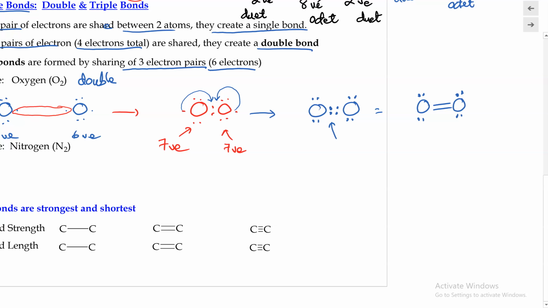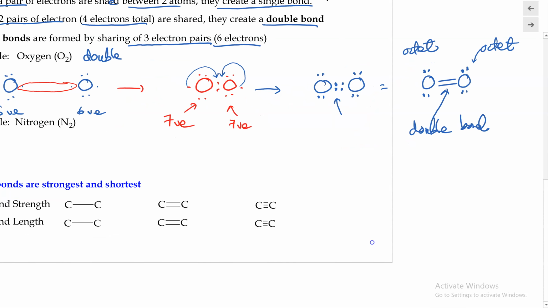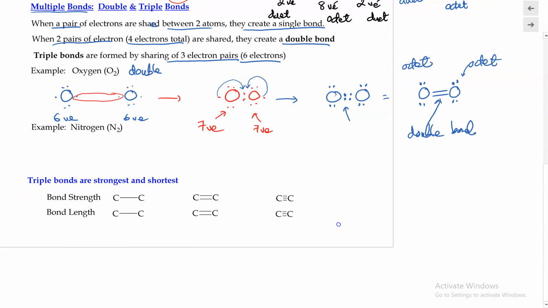And that is the structure of this molecule. In this case, we can see this is a double bond. And now both of the oxygen have an octet of electrons. So this is the case where we see a double bond formed between the two atoms. That way, it allows both of the atoms to have an octet of electrons.